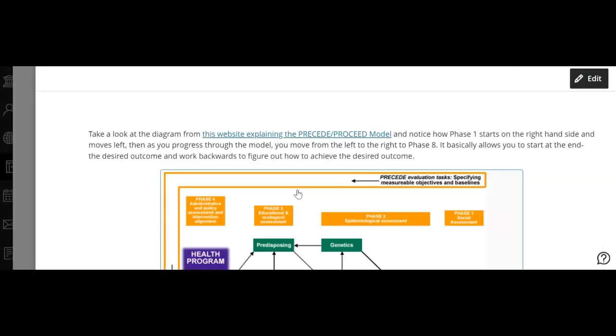And then the next thing you're going to click on is one of the visuals explaining the precede-proceed model. Now, I think this model can be a little complicated, so I want to explain something. Both the precede-proceed model and another model we're going to be talking about are planning models.